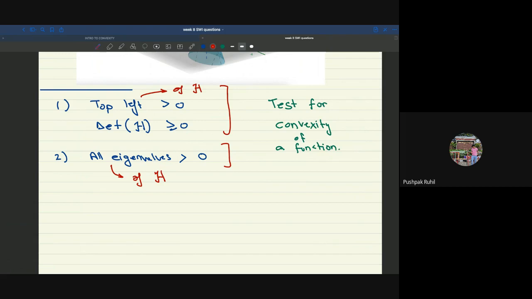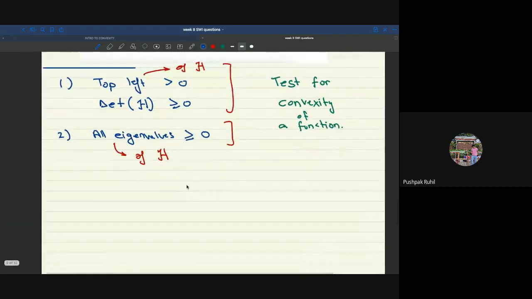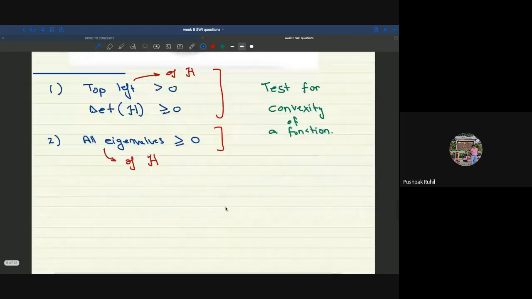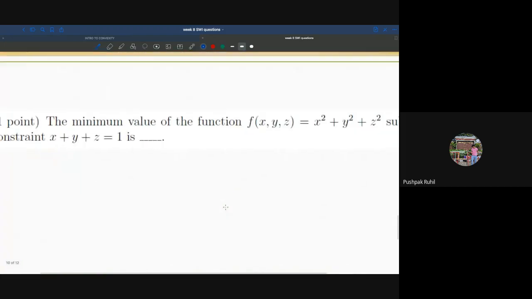What you're mentioning is true, but let me check if the eigenvalues would be more than or equal to 0. I guess the eigenvalues will be equal to 0. So even if it is equal to 0, you can still use this.